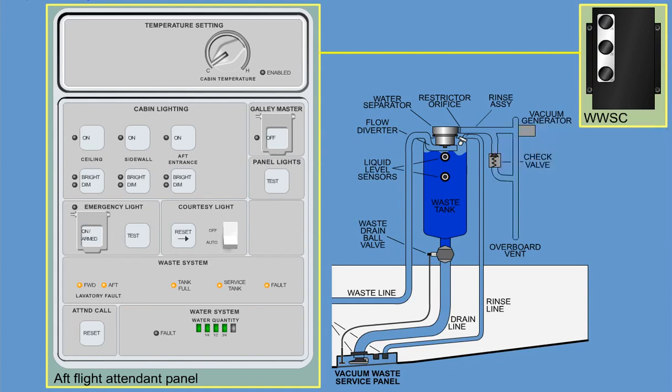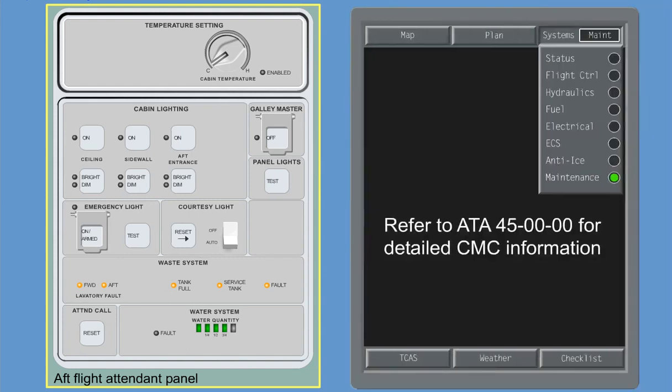The waste fault light will come on if the vacuum generator is in an overheat condition, the 75% and 100% level sensors have failed, or if the WWSC is faulty. If both level sensors have failed, the system will be deactivated and considered full. Further fault information can always be found on the CMC.